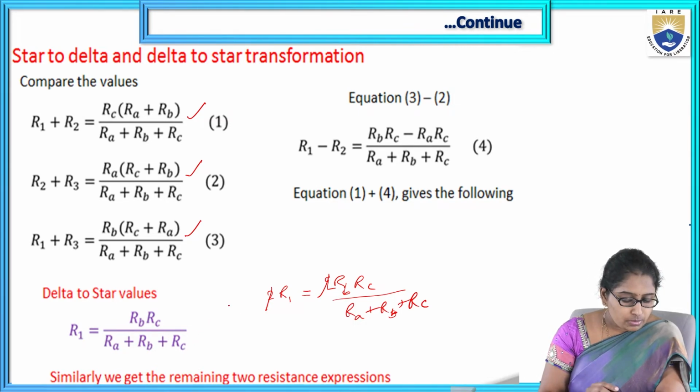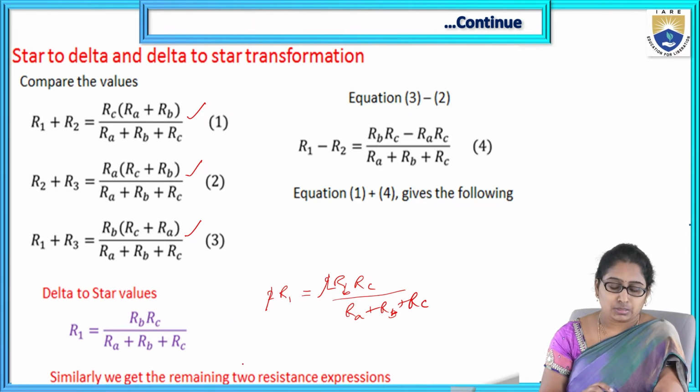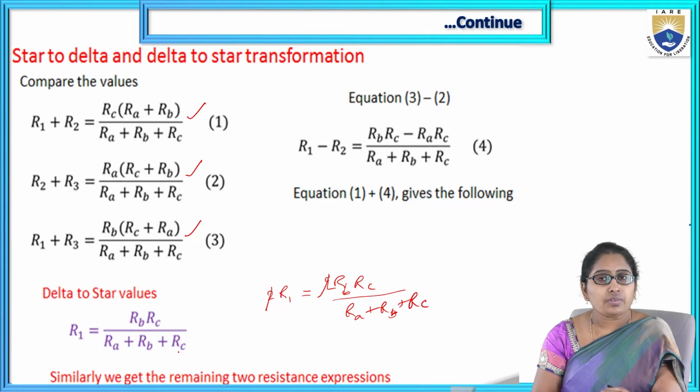Similarly, we get the remaining two resistance expressions by using the above three equations. We took equation 3 minus 2, then added the resultant equation 4 to equation 1 to get the expression for R1.